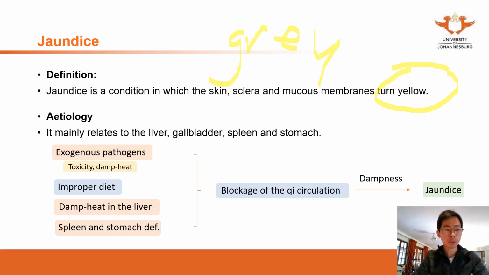As for the explanation of the yellow, traditionally we have 2 explanations that we are still using today. Firstly, the color yellow is the color of the spleen. So why does the yellow color present on top of the skin?